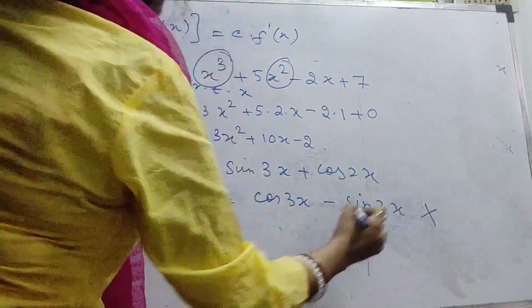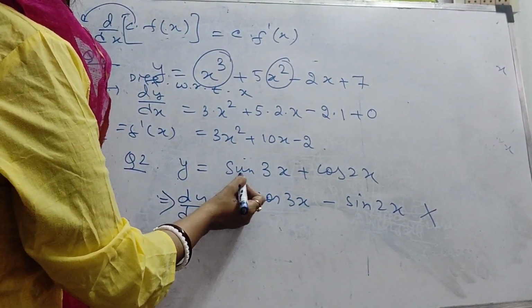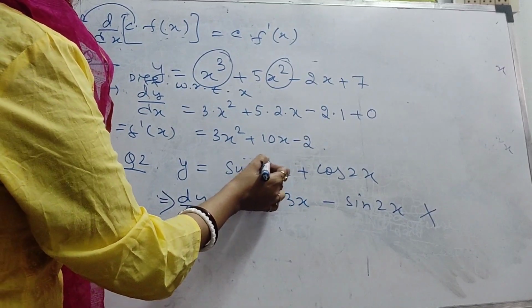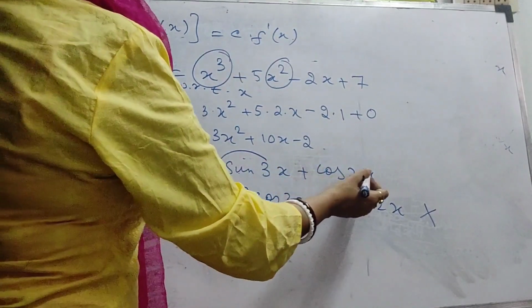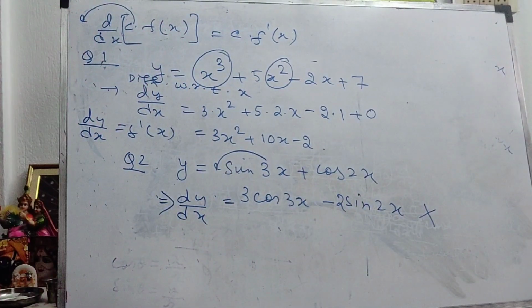But this is wrong. What will happen? Before you write sin 3x like cos 3x, the 3 will come outside. It will be 3 cos 3x. And for cos 2x, 2 will come outside.